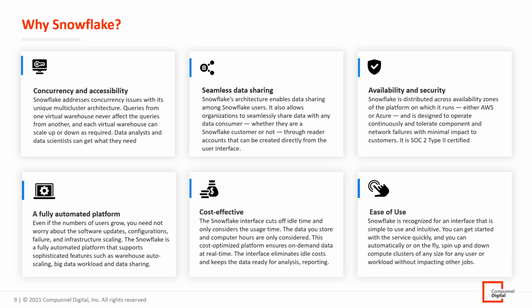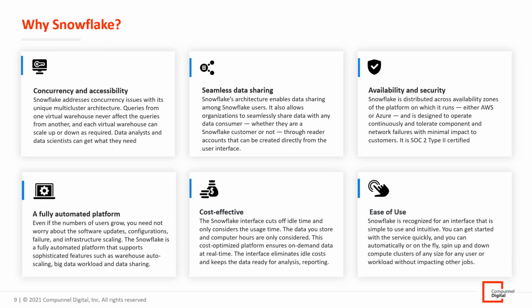It also allows organizations to seamlessly share data with any data consumer, whether they are a Snowflake customer or not. This happens through reader accounts that can be created directly from the user interface. So seamless data sharing is one more unique feature about Snowflake.